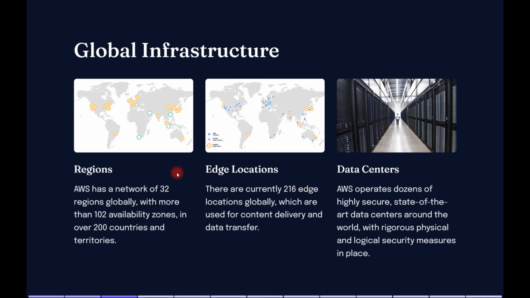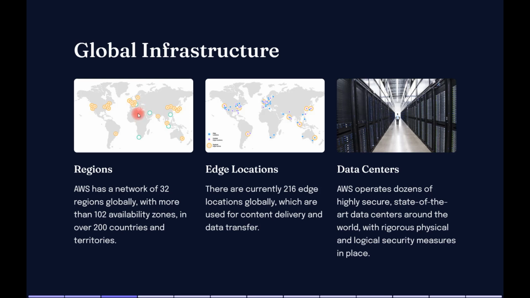So here you can see a few terms like regions, edge locations, and data centers. So what exactly is a region? Let's understand regions. AWS is actually divided into multiple regions. The whole infrastructure is divided into regions. You can see here the dots on the map, each of which is a separate geographic area in the world.